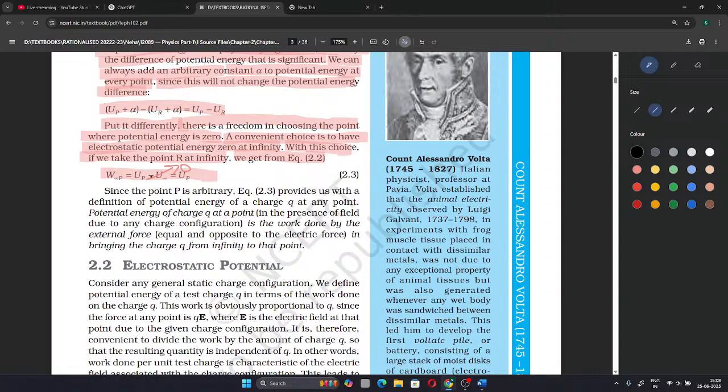Let's use the black pen. Since the point P is arbitrary, equation 2.3 provides us with a definition of potential energy of a charge Q at any point.